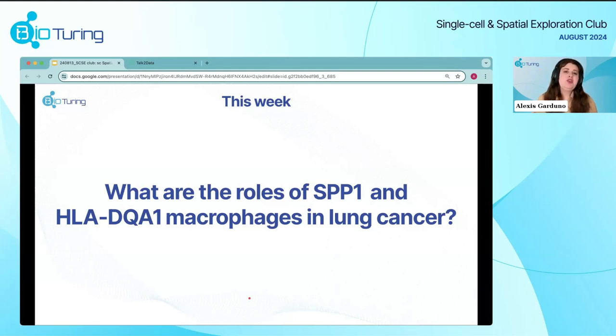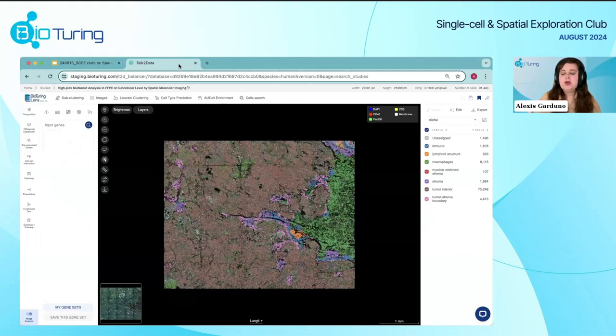The main emphasis of this week is what are the roles of these gene targets or transcripts that are enriched in these macrophages, specifically in lung cancer, so not across different respiratory diseases. Okay. So I'll go into more here, the step-by-step process. In order to build further into this analysis, we'll use the CosMx data set once again to get further insights.